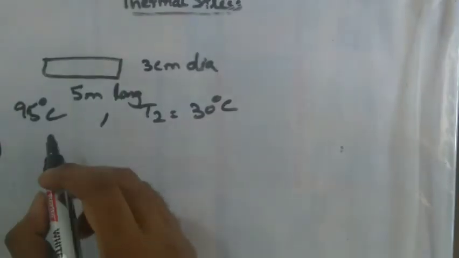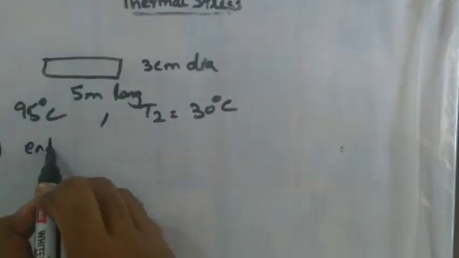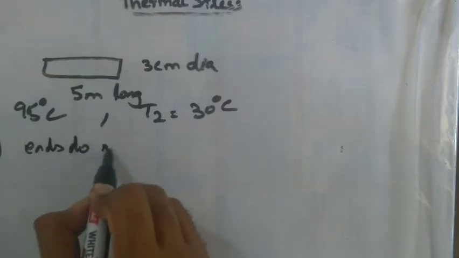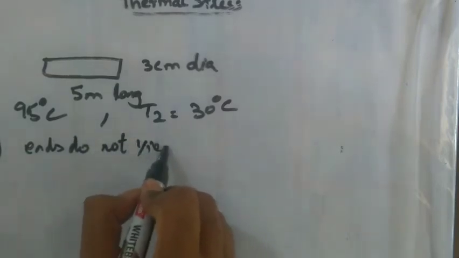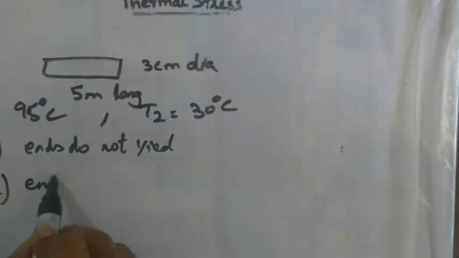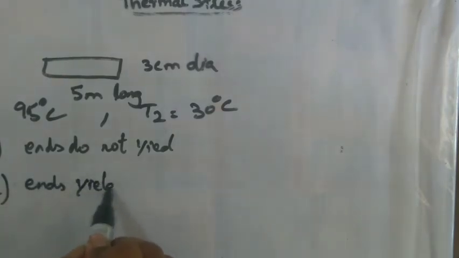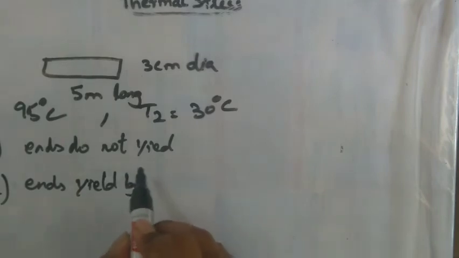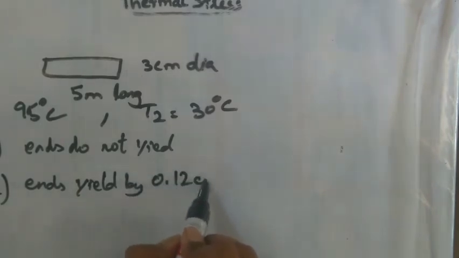Condition 1: ends do not yield. Condition 2: ends yield by 0.12 centimeter.